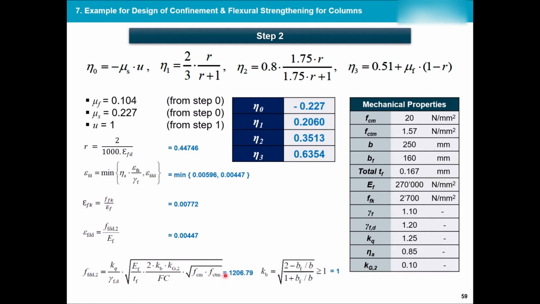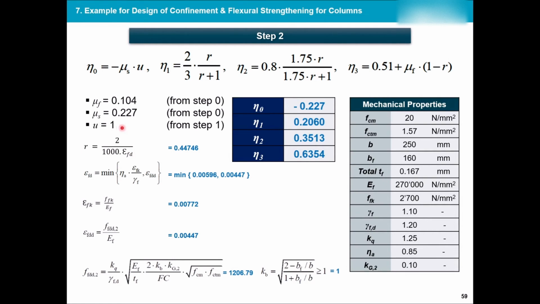All of the other factors have been calculated here. Now I got this, I put it here. I know the elastic modulus of my FRP. The factory has told me I have these two values. The formula says the minimum of these two values. So clearly this is smaller. So I put this over here and I figure out R.